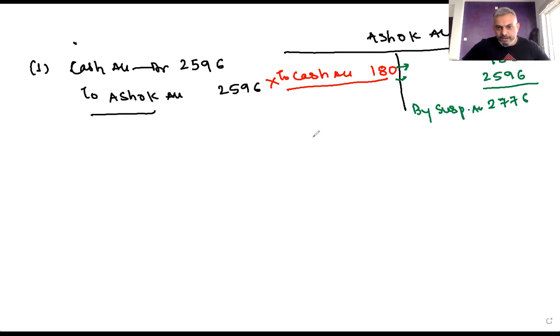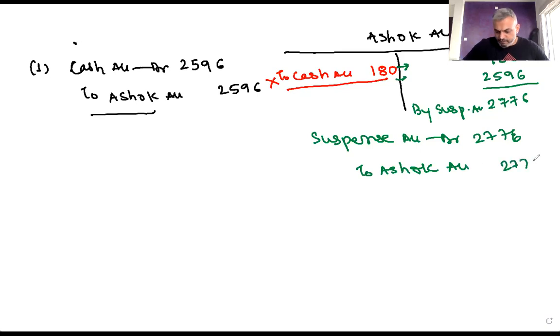So we write the entry: suspense account debit 2776 to Ashok account, 2776.